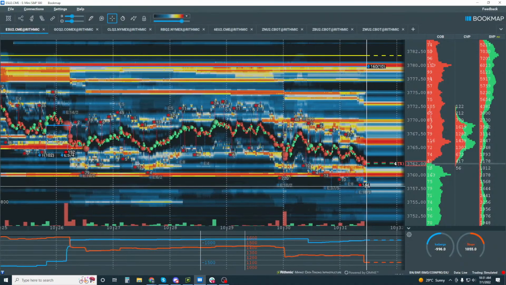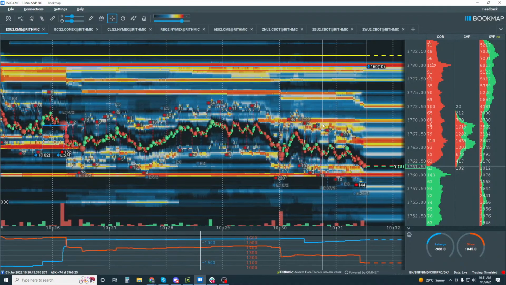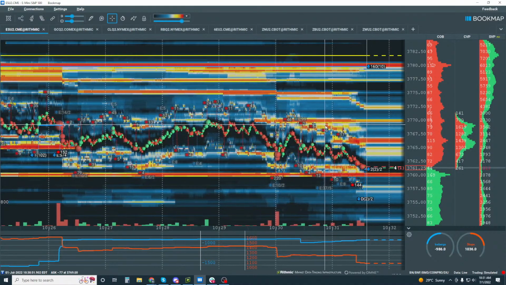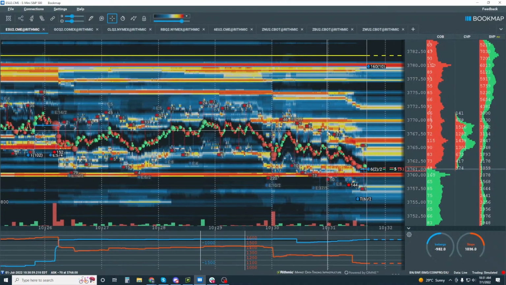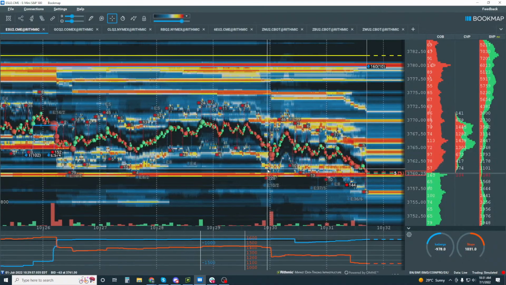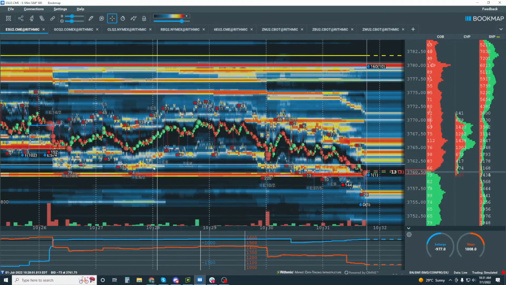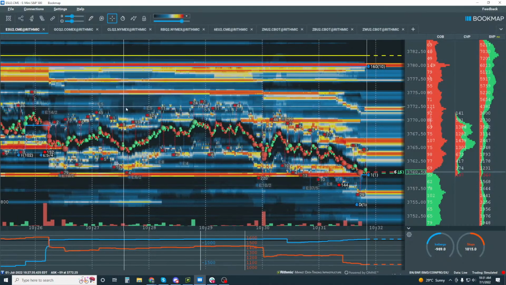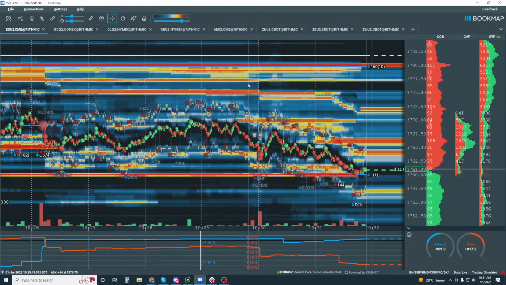Nice stop run there, 144. No, well, you can see I have a minute here between each vertical dotted line, Wilson. So we're looking at, I don't know, 1, 2, 3, 4, 5, 6, 7 minutes or so of data.